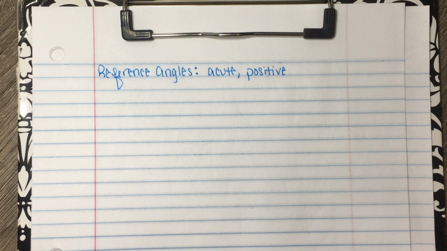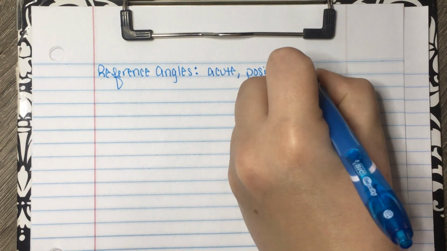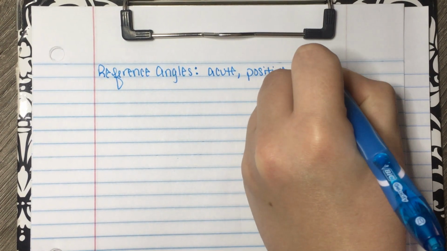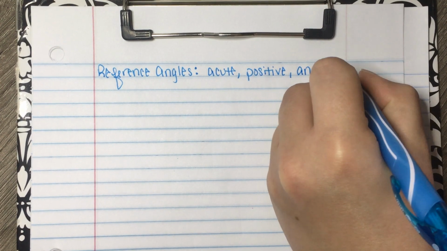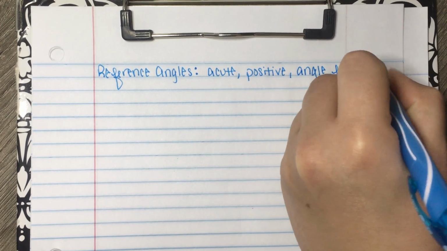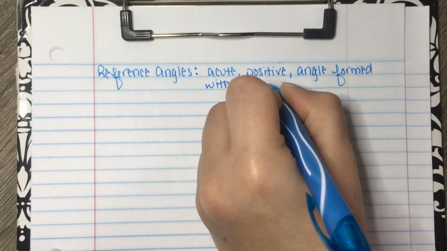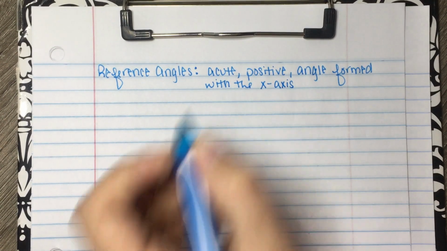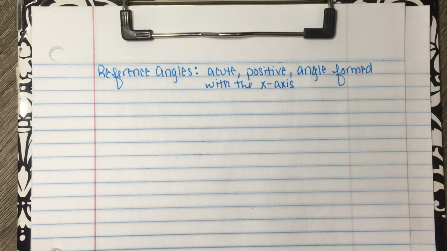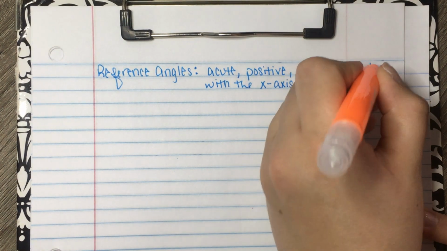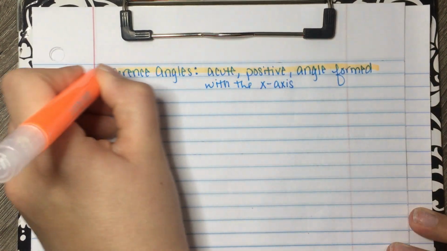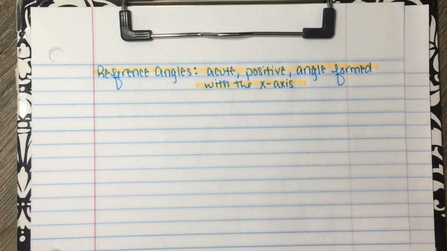And the last piece of information is that it is an angle formed with the x-axis. I cannot stress this enough, because so many times my Algebra 2 and even pre-calc students give me a reference angle formed with the y-axis, or with a 270 or 90 angle, and by definition it is formed with the x-axis.